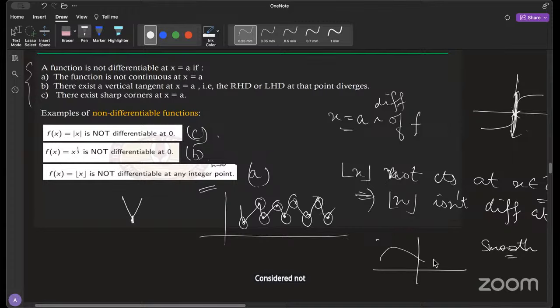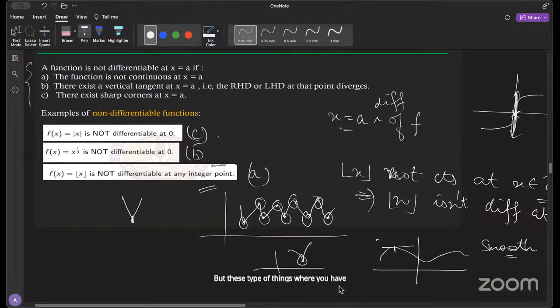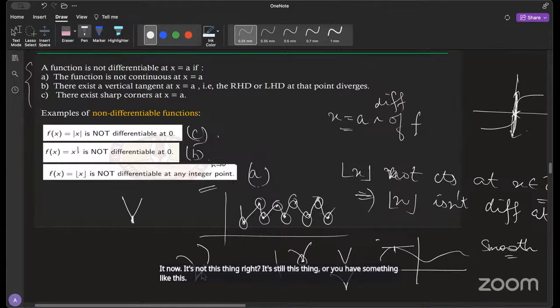Smooth is where you can easily draw a tangent, right? Here at this point you can draw a tangent. But where you have a sharp turn, you cannot. Or you have something like this, that's also a sharp turn. So all of these are problematic.